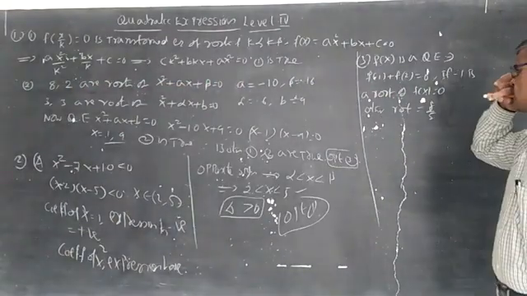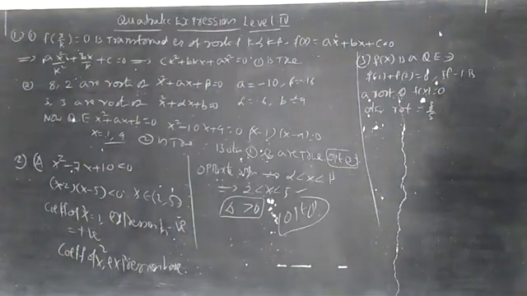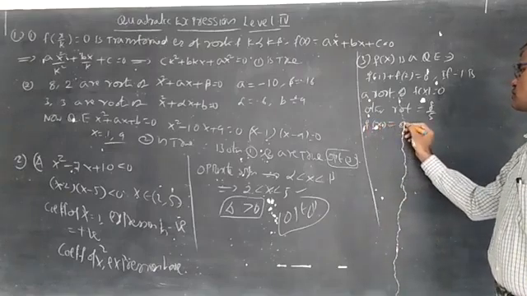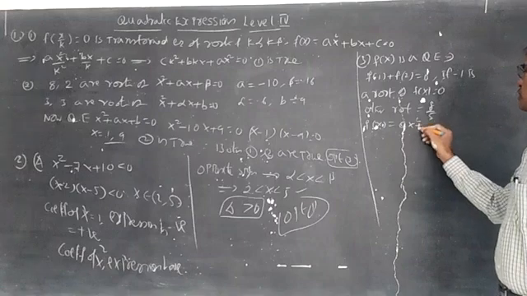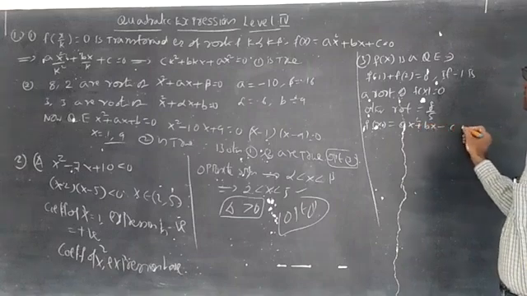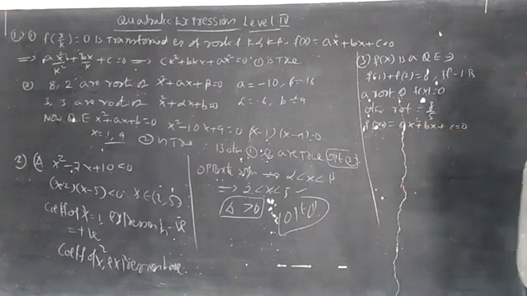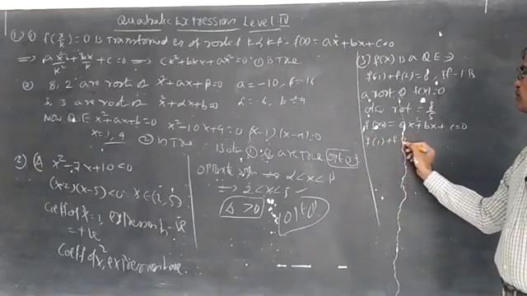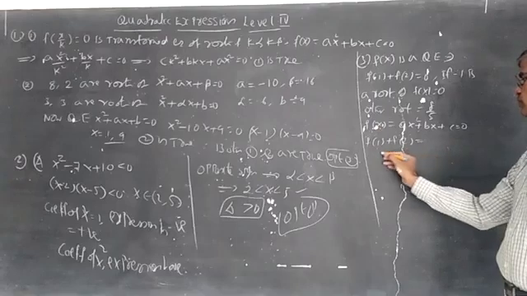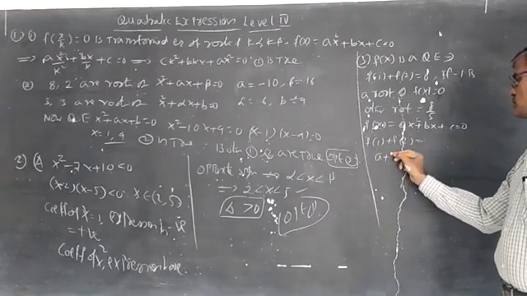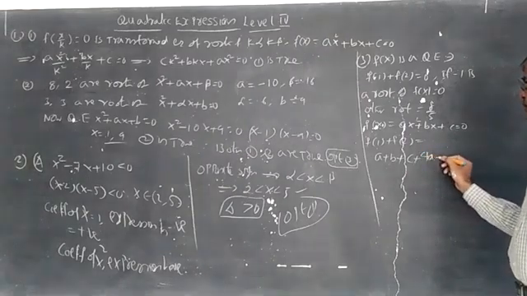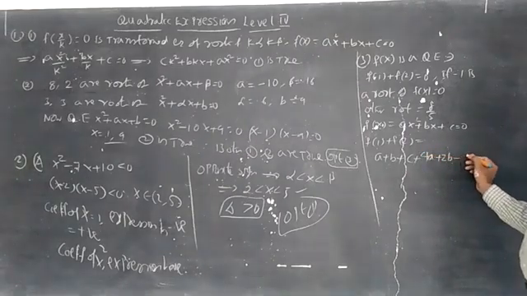So let us write the quadratic expression f of x is equal to ax square plus bx plus c equal to 0. F of 1 plus f of 2: f of 1 means a plus b plus c, f of 2 means 4a plus 2b plus c.